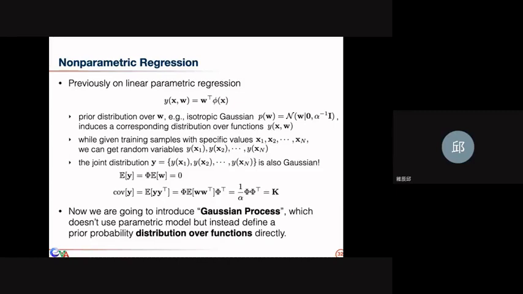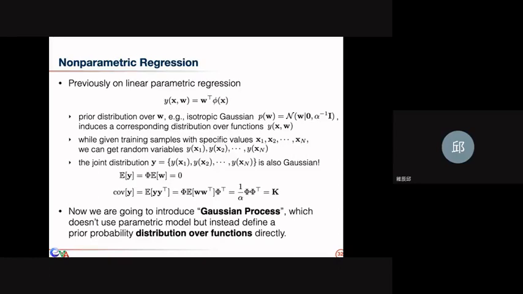So if you have x1 from the training data and x2 from the test data, and x1 and x2 are close to each other, then their y should also be close.